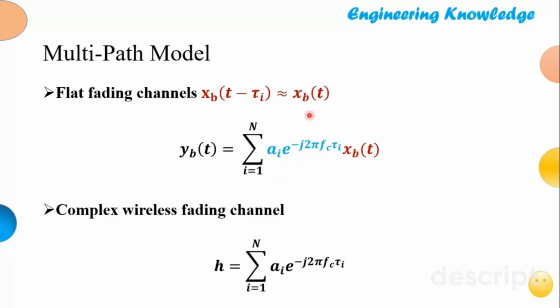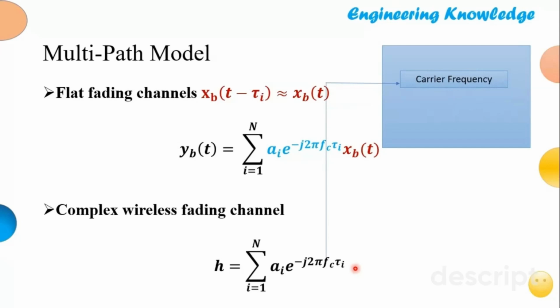The complex wireless channel is given as a sum of all the multipath components, where h is simply a_i e raised to the power j 2 pi fc tau i. What are these components? First of all, fc stands for the carrier frequency, tau i is the delay at which each multipath component is received at the receiver, and a_i is the amplitude attenuation that each component suffers.